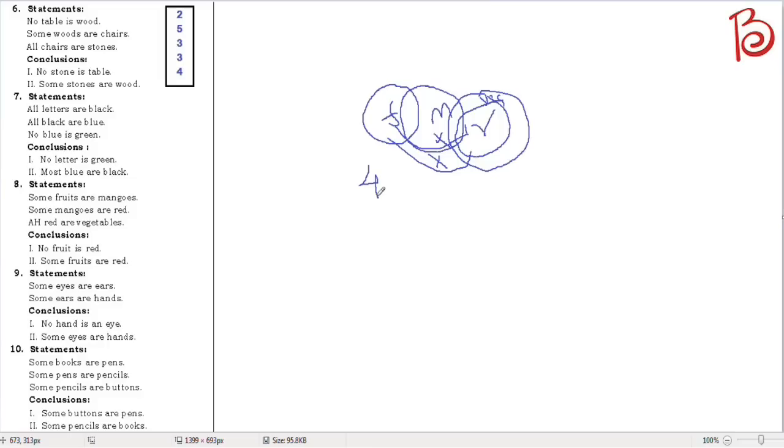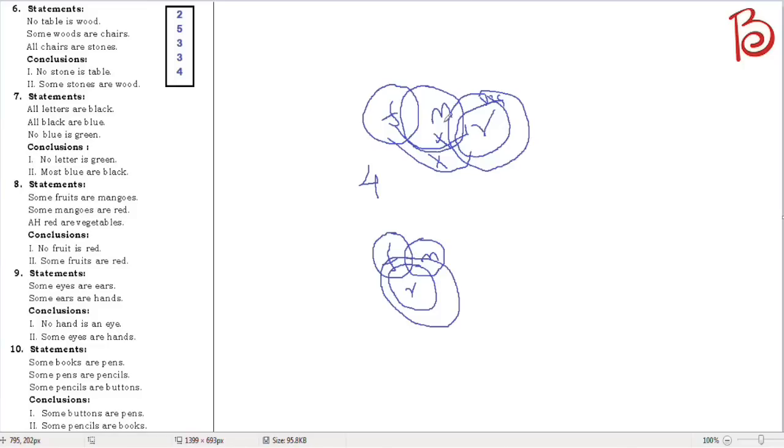But here we can draw the diagram differently. Some fruit are mangoes. The next one is some mangoes are red. First I drew the diagram like this. Suppose I draw the second statement, some mangoes are red, like this, and all red are vegetables. Is this diagram wrong?